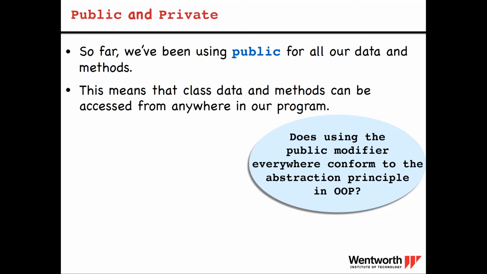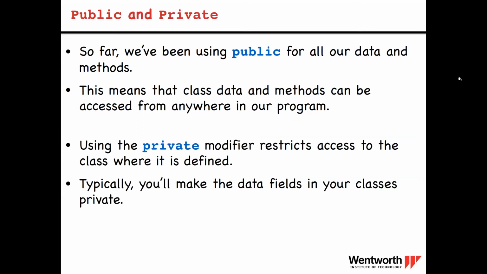Lots of complex stuff happening inside, but we have this outward-facing button, which is all we have to do. We abstract all of that stuff that's happening inside to a simple button. If everything is available for another programmer or for the user to use, this is not following the abstraction principle. We're breaking one of our object-oriented programming principles.